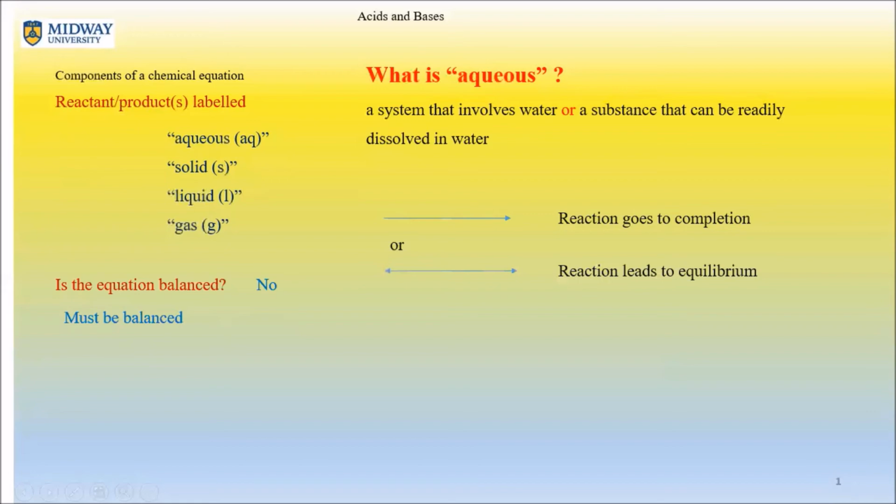I do want to point out something, because a great deal of the reactions that we encounter or that happen around us in the environment are reactions containing double-headed arrows. For instance, you've all probably heard of acid rain, right?